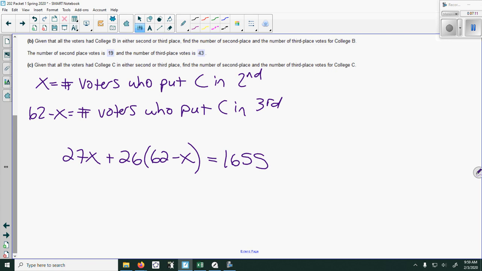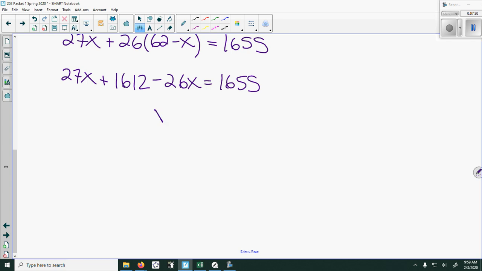Then we solve this in a similar way to the last one. First we distribute. 26 times 62 is 1,612 minus 26X equals 1,655. Combine like terms, and we get X, and subtract 1,612 from both sides, and you get 43.